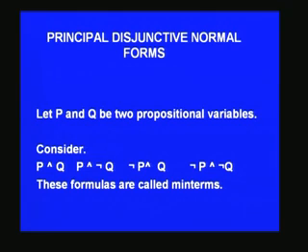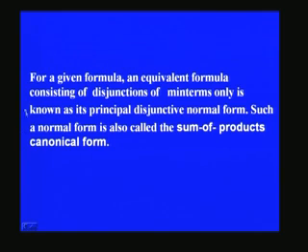Now, what is a principal disjunctive normal form? For a given formula, an equivalent formula consisting of disjunction of minterms is known as its principal disjunctive normal form. Such a normal form is also called the sum of products canonical form.